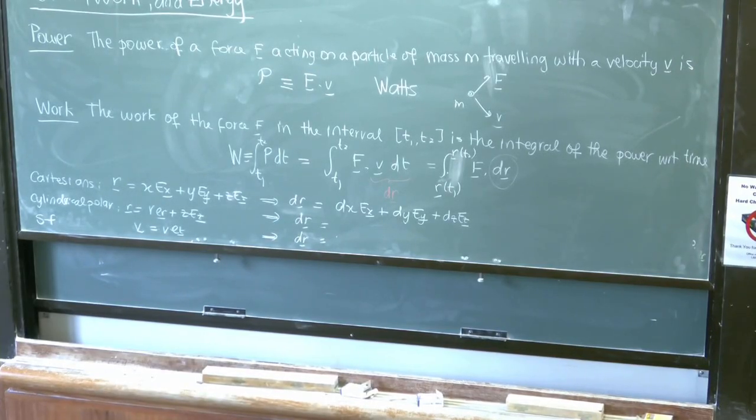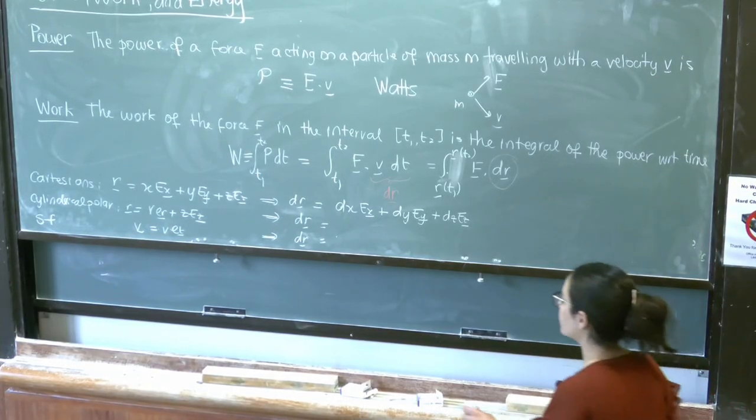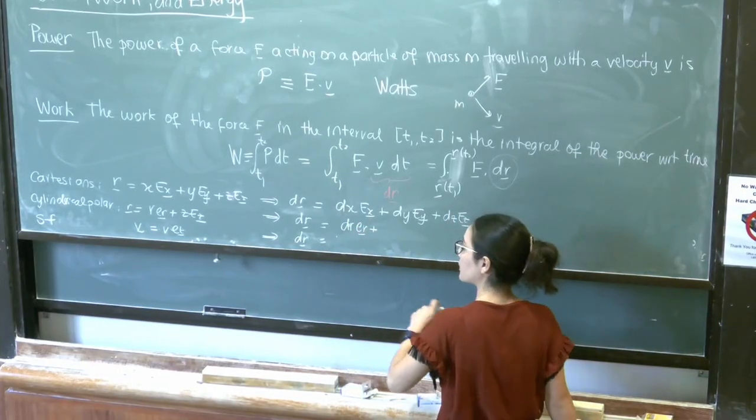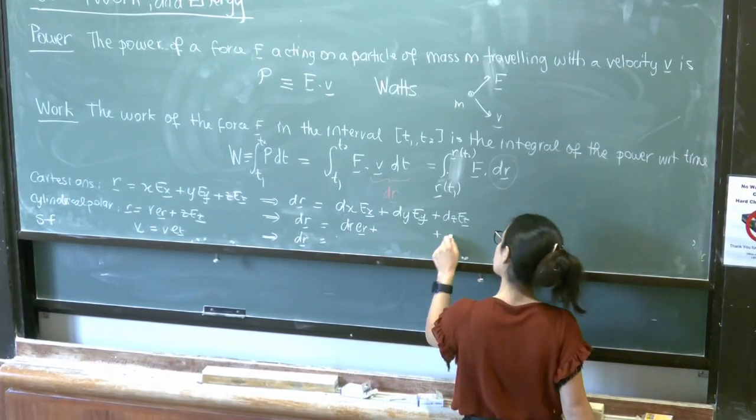Okay, so what do we think? What is dr expressed in the cylindrical polar coordinate system? That's v, not dr. To be able to get dr, I have to multiply it by dt, right? So what will I get? dr er plus dz ez.